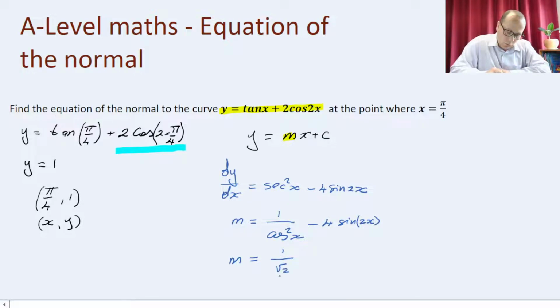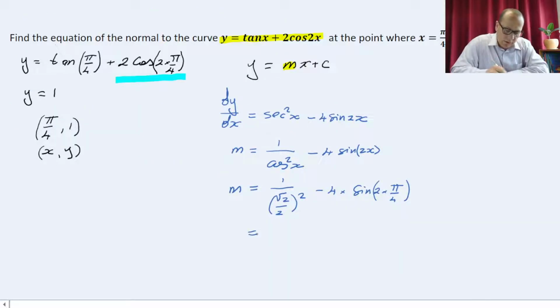So that will be root 2 over 2 squared minus 4 times sine of 2 times pi by 4. That gradient is equal to 1 over 2 over 4 minus 4 times sine of pi by 2, which is 1. So that's just multiplied by 1. And the inverse of 2 over 4 is just 2. Minus 4, so the gradient is just minus 2.